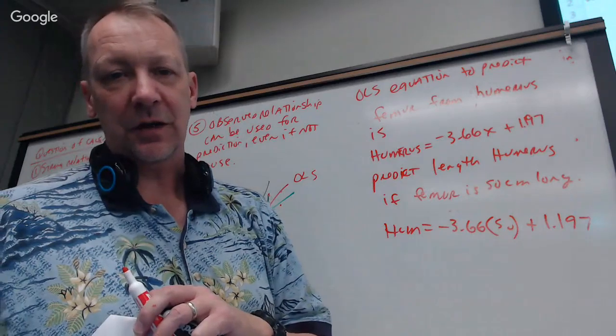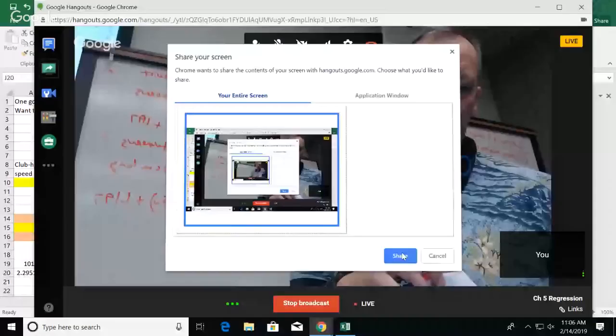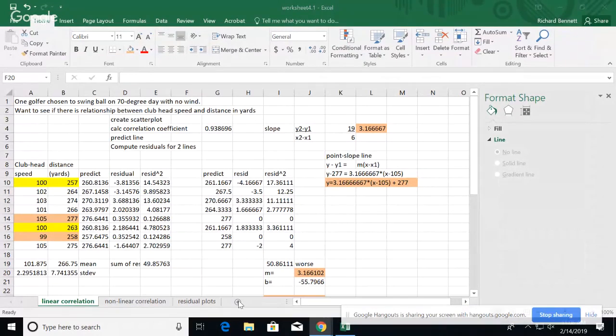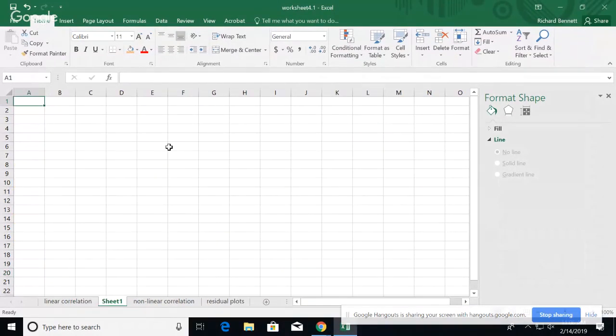I'm going to use my famous Excel calculator. Equals negative 3.66 times 50 plus 1.197. Something's wrong. It's negative. Oh, I typed something wrong. Oh, I know what I did.